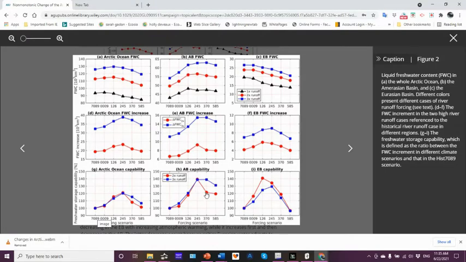If I look at this one here, the red for 2 times the runoff for model 370, that's also 120, also a 20% increase. Look at 3 times the runoff for model 585, and we're looking at about 30% more increase. So basically what this is telling us is that the freshwater capability is increasing, meaning there's more of it. Now, what is interesting is to see this value here for both the 2 times and 3 times runoff of model 585.